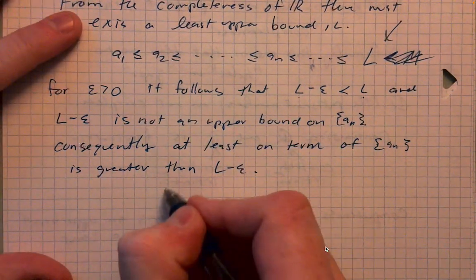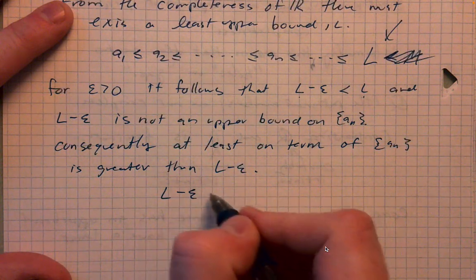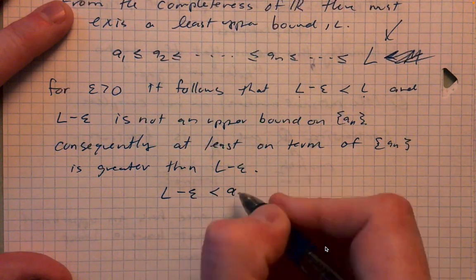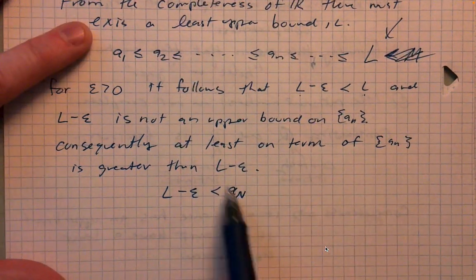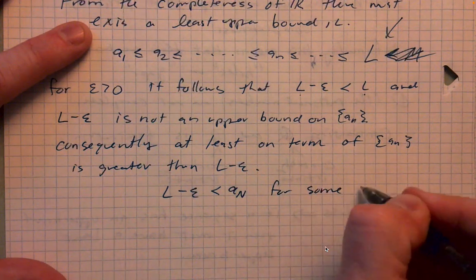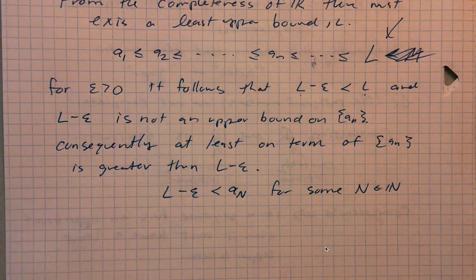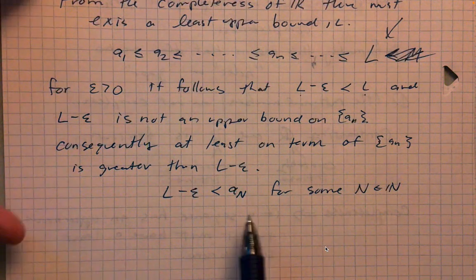To write that a little more concisely, we might say L minus epsilon is less than a_N, denoted with a capital N, for some natural number. All right, so that's good.